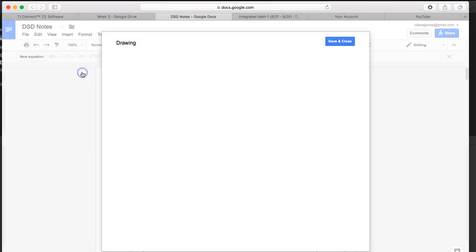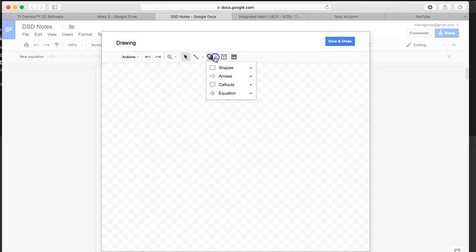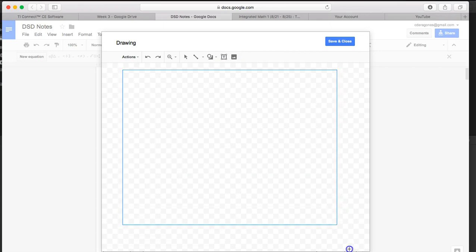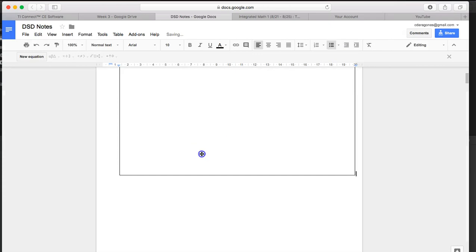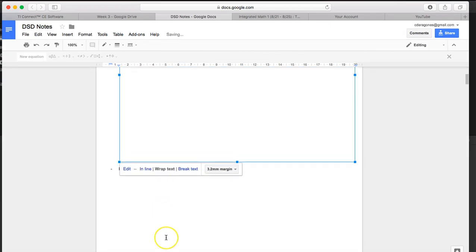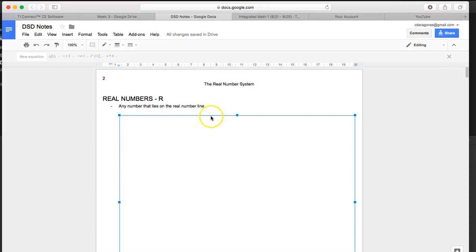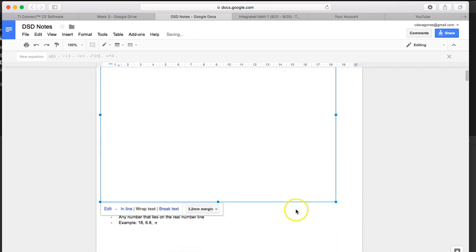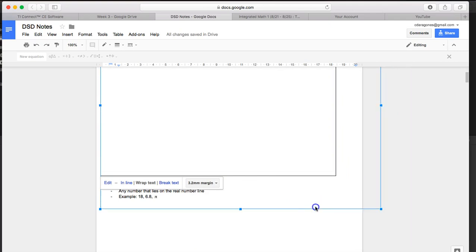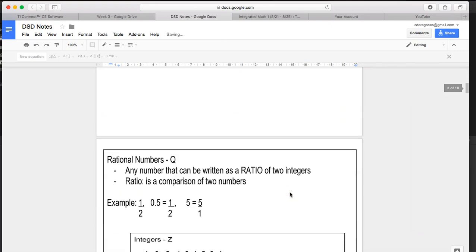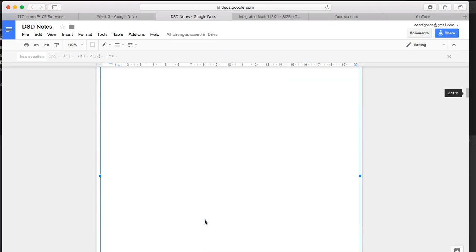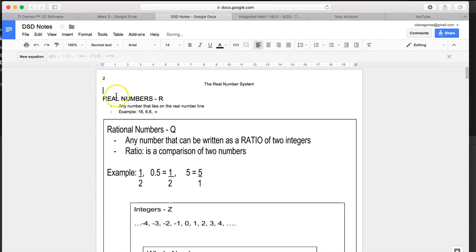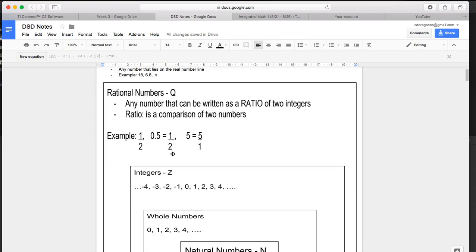And as you can see, all of these numbers in all these other buckets lie in this largest bucket of the real numbers.